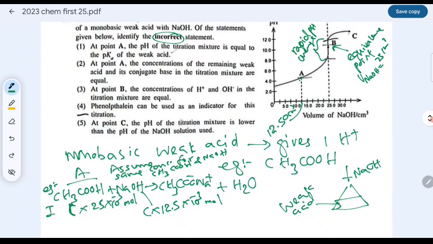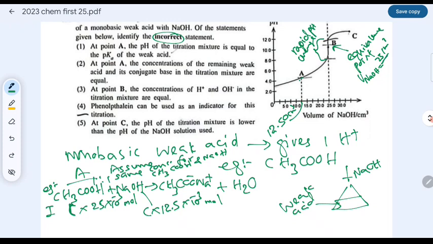So why do I take CH3COOH as 25 cubic centimeters here? Because you all know that CH3COOH and sodium hydroxide react in a 1:1 ratio, and sodium hydroxide reaches the equivalence point when the volume is 25 cubic centimeters.